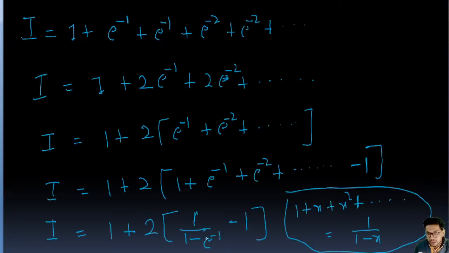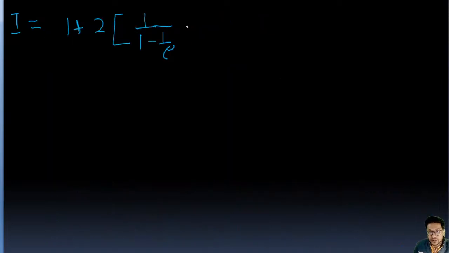I equal to, this is going to be 1 plus 2 into 1 upon, this we can write 1 minus 1 upon e, right? Because this is e to the power minus 1. It is minus 1. We'll solve it.